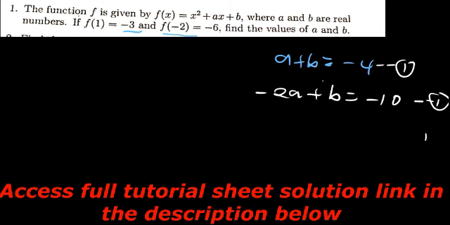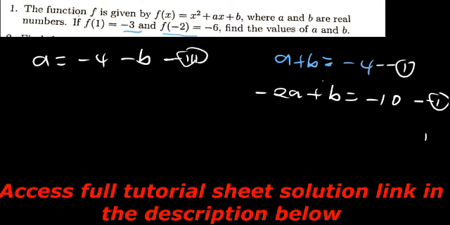In this case, I'm going to make a the subject, so I'm going to shift b to the other side. So a should be equal to negative 4, and shifting b to the other side, it will be negative b. This is my equation 3.